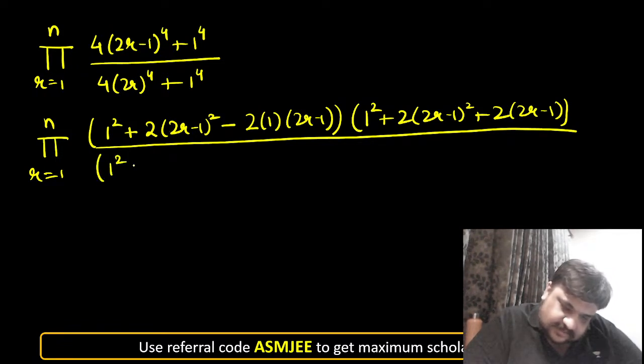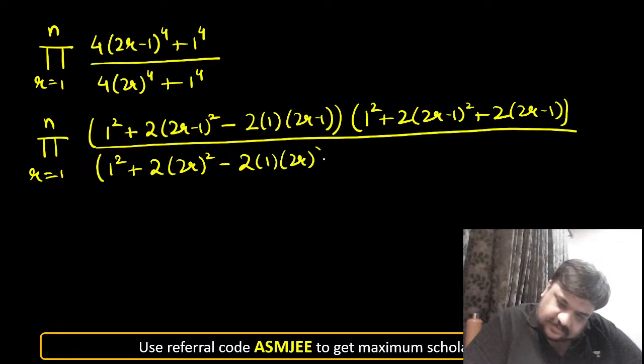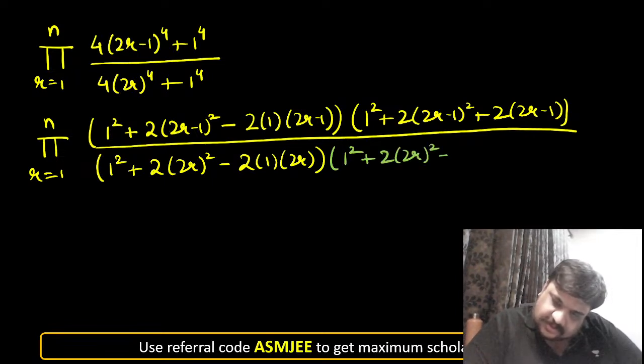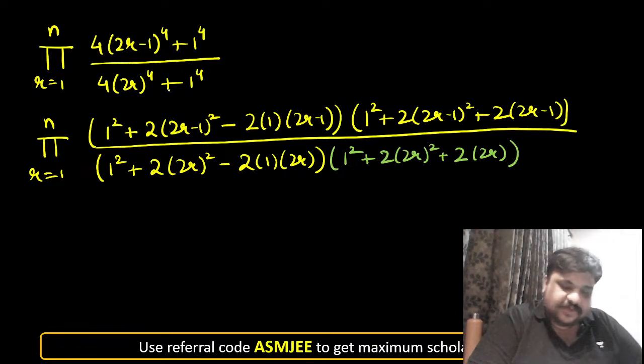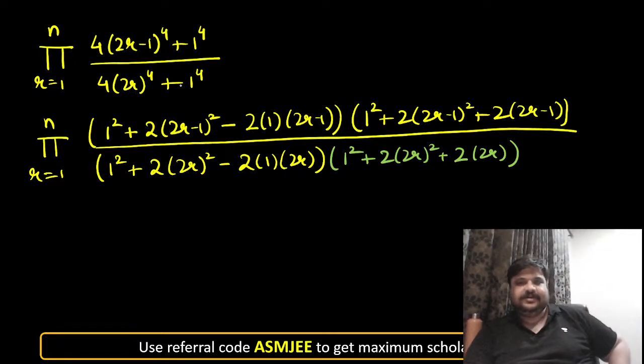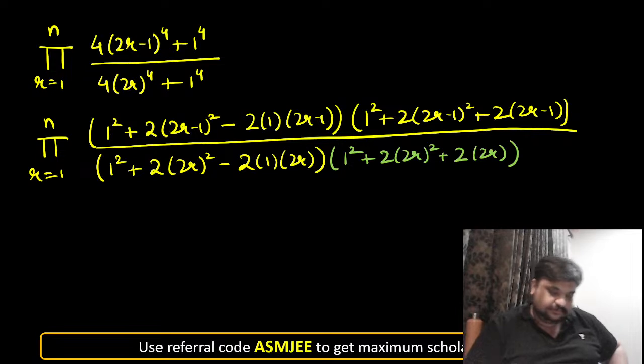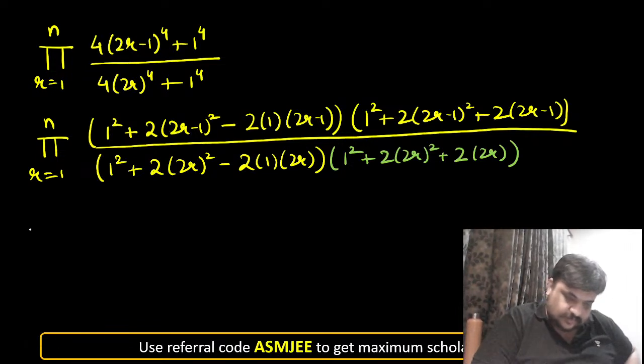A square plus 2b square minus twice of 1 into 2r. 1 square plus twice of 2r square minus twice of 1 into 2r, plus twice of 1 into 2r. This is b, this is a. You can see what I did. So this is product r equal to 1 to n.